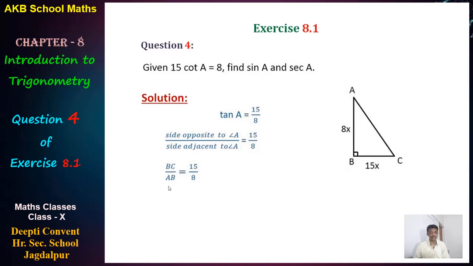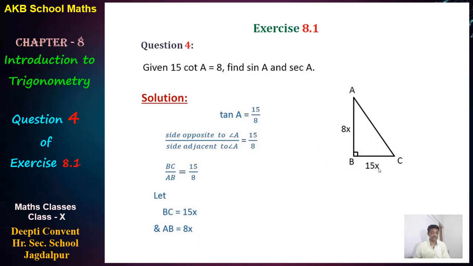So BC by AB equals 15 by 8. So this is a ratio. We can write BC equals 15x and AB equals 8x, because these values satisfy this. So we can mark it like this in the triangle.